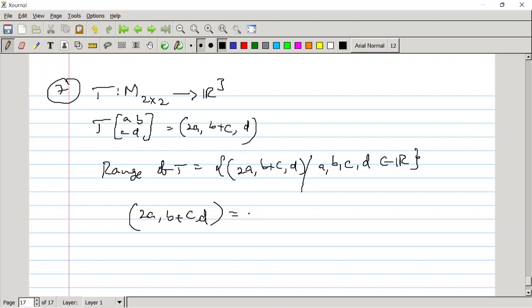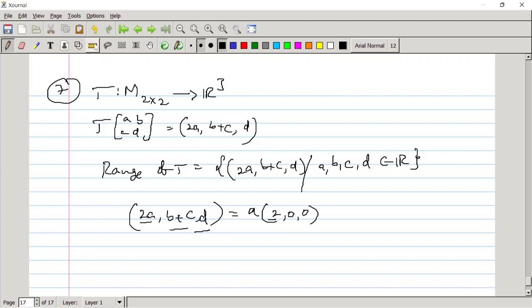So we can write this as a linear combination: a times 2 comma 0 comma 0, because here we have the coefficient of a as 2, and in the second and third coordinates we don't have the element a, so the coefficients there are 0 and 0.